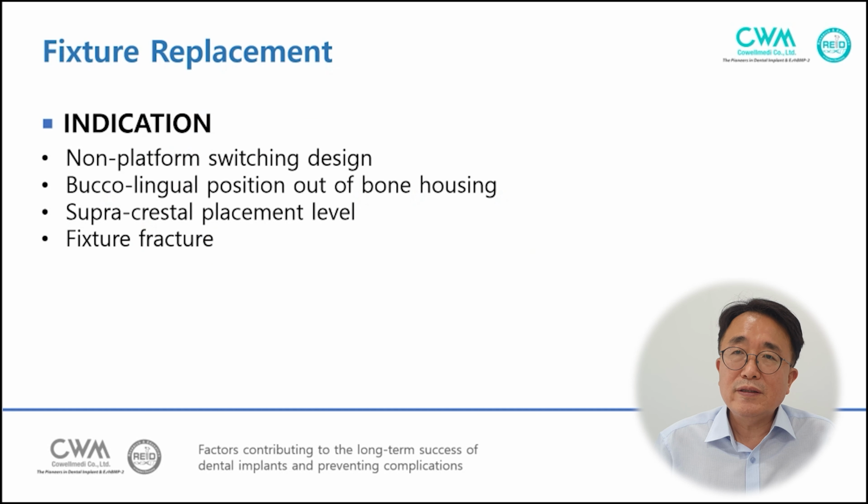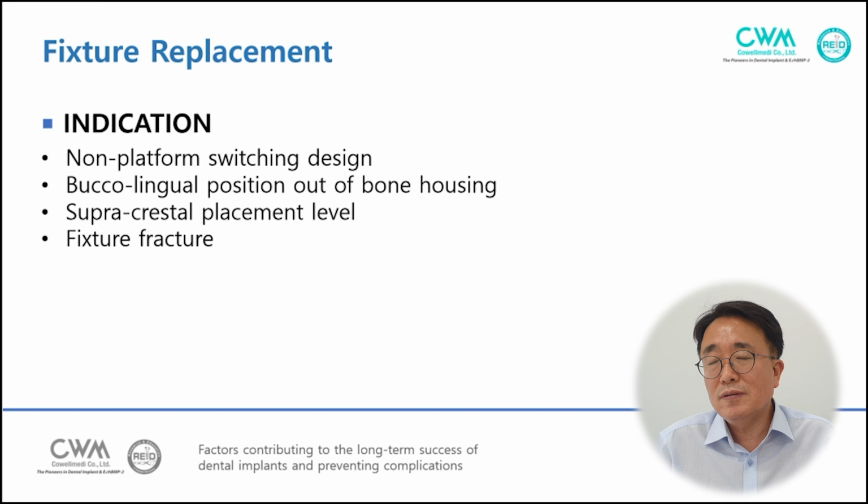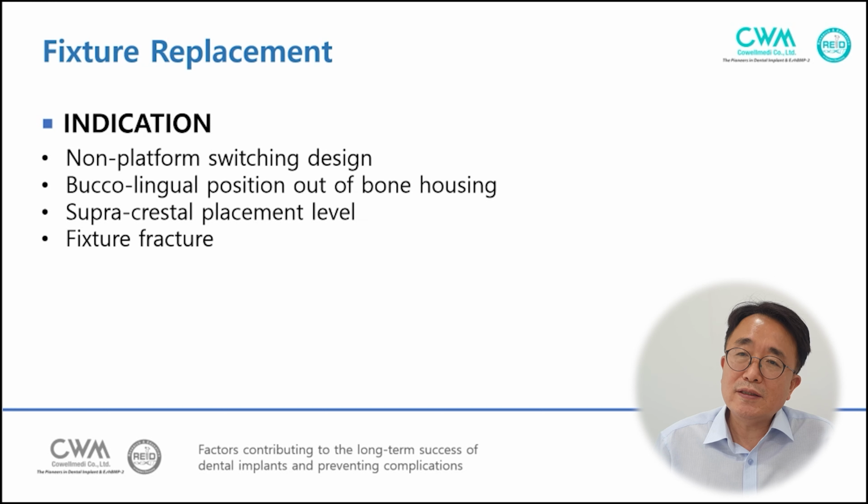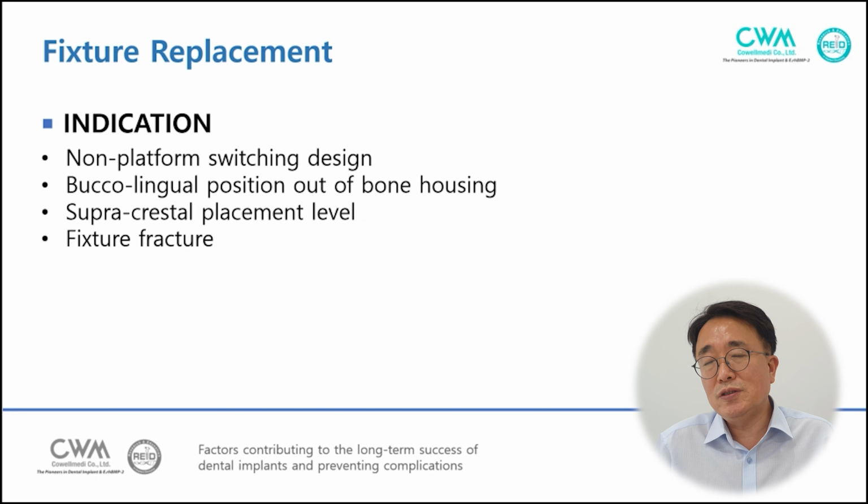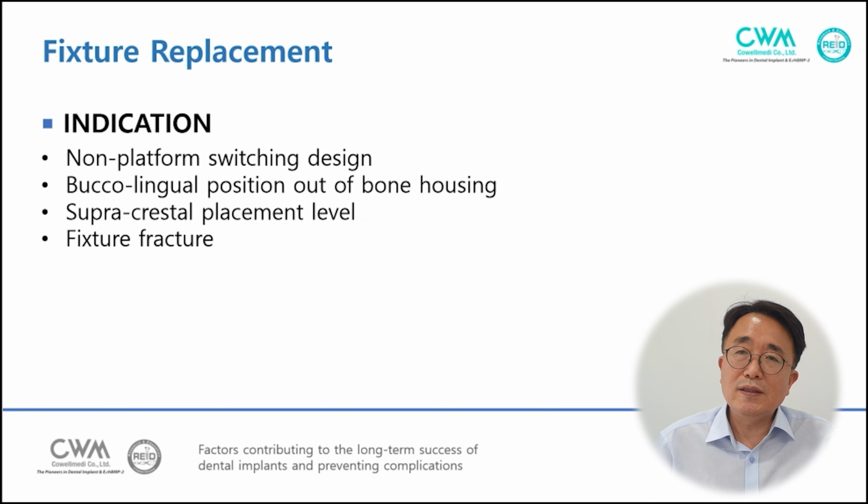And the implant replacement indication: a non-platform switching design implant has to be removed, and a buccal-lingual position out of the bone housing, a supracrestal placement level, or a fractured fixture. In this case, it has to be a fixture replacement case.